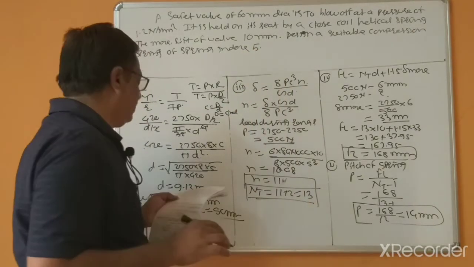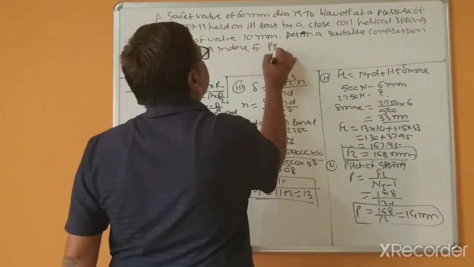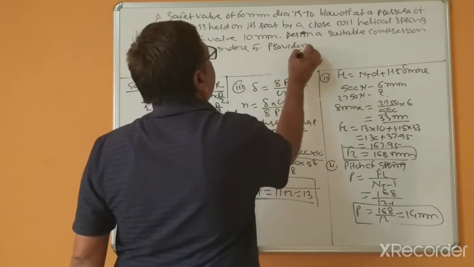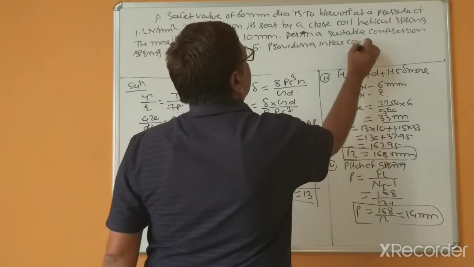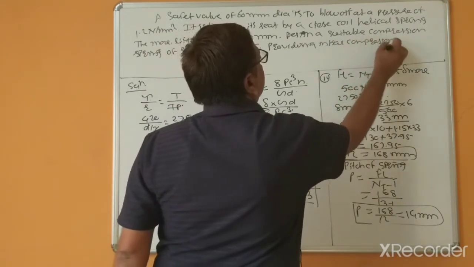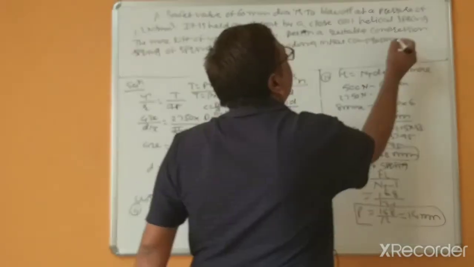Again this is given, 5, providing an initial compression of 35 mm.